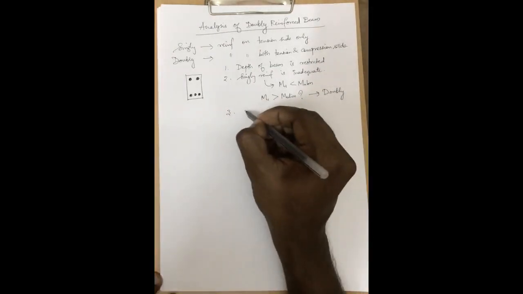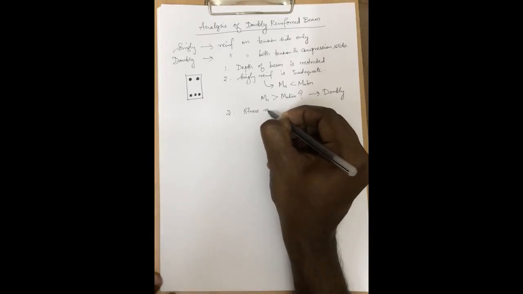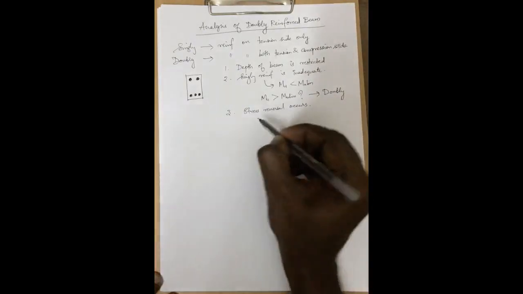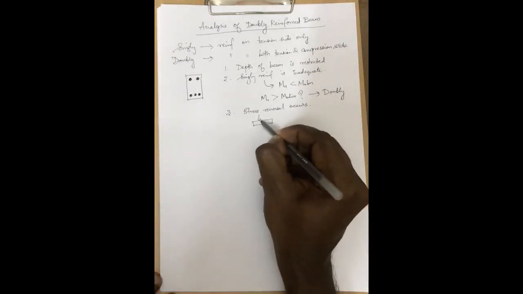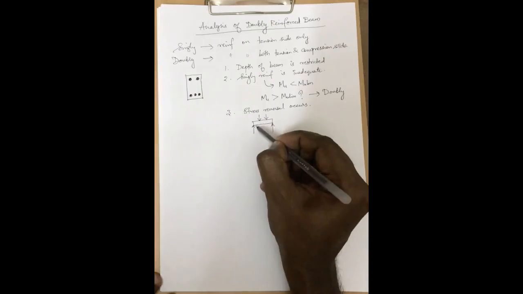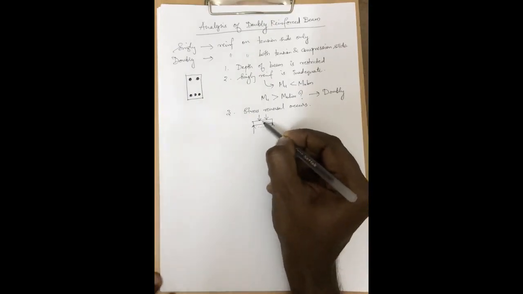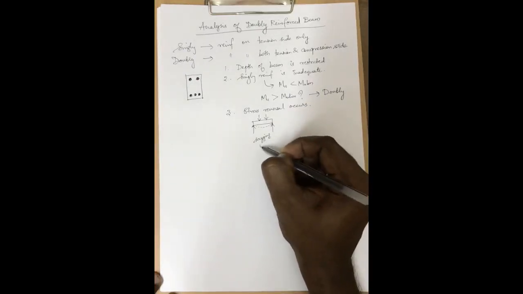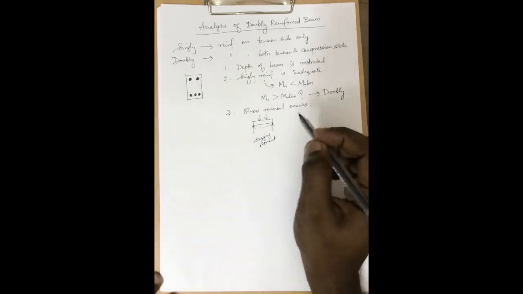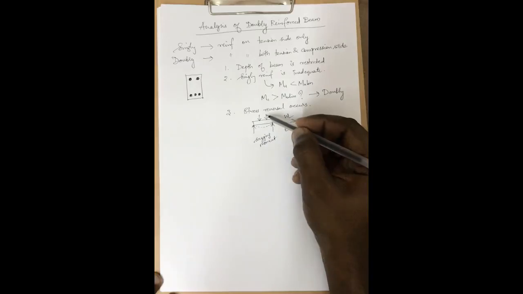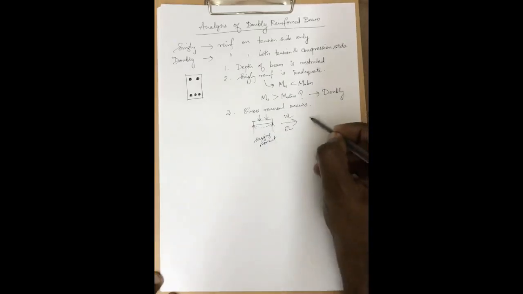Third, where stress reversals occur. You can imagine a beam subjected to loads. Let this be a simply supported beam. Subjected to external loads, this beam bends and experiences a sagging moment. But due to the effect of wind loads or earthquake loads, the direction of load on the beam changes.